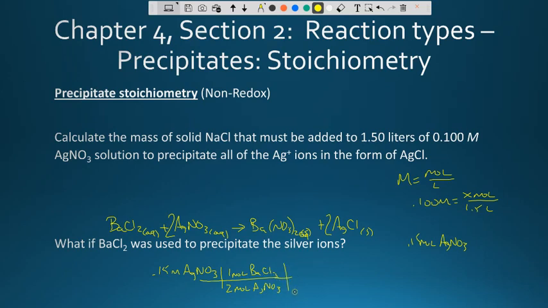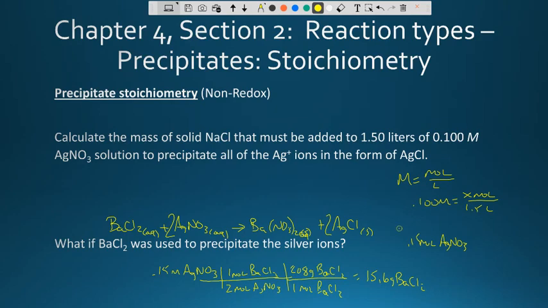Then I convert my barium chloride: 1 mole of barium chloride is 208 grams of barium chloride. So what I get there is 15.6 grams of barium chloride needed.